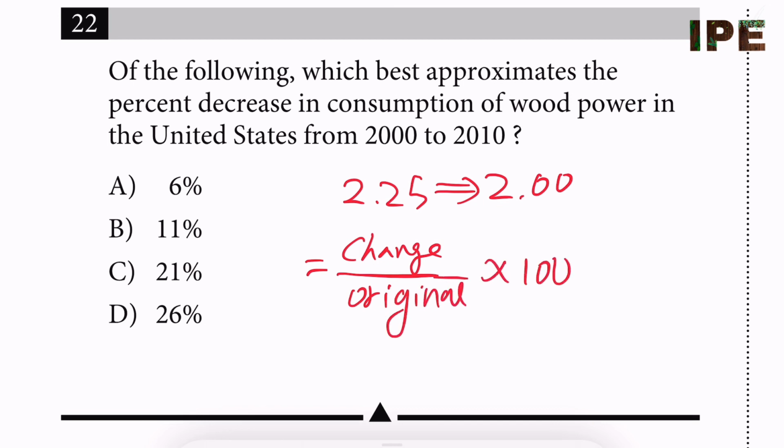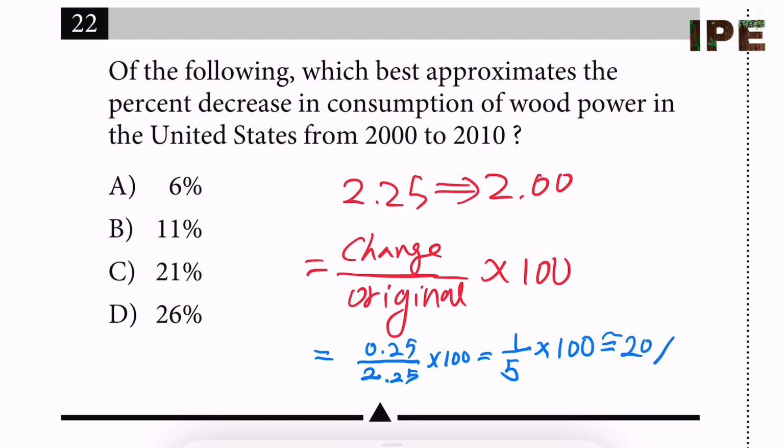So what is the change? 2.25 to 2.00 is 0.25, over the original 2.25, times 100. So it is actually 1/5 times 100. It is about 20%. But what is the closest number? Because it says best approximates. So C is the answer.